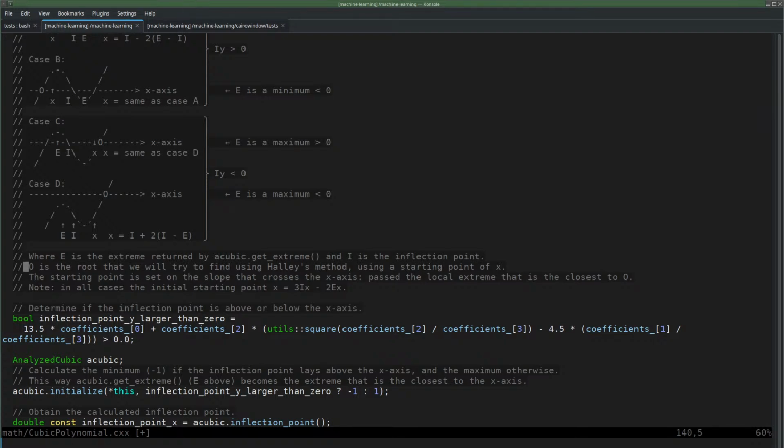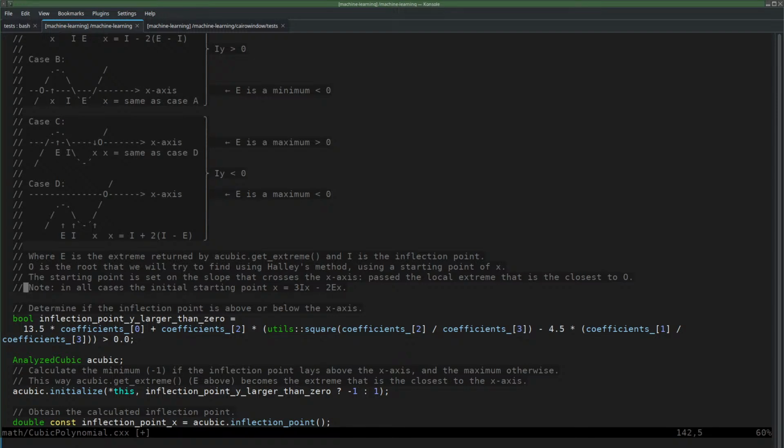O is the root that we'll try to find. This method uses starting point x. Starting point is set on the slope that crosses the x-axis.